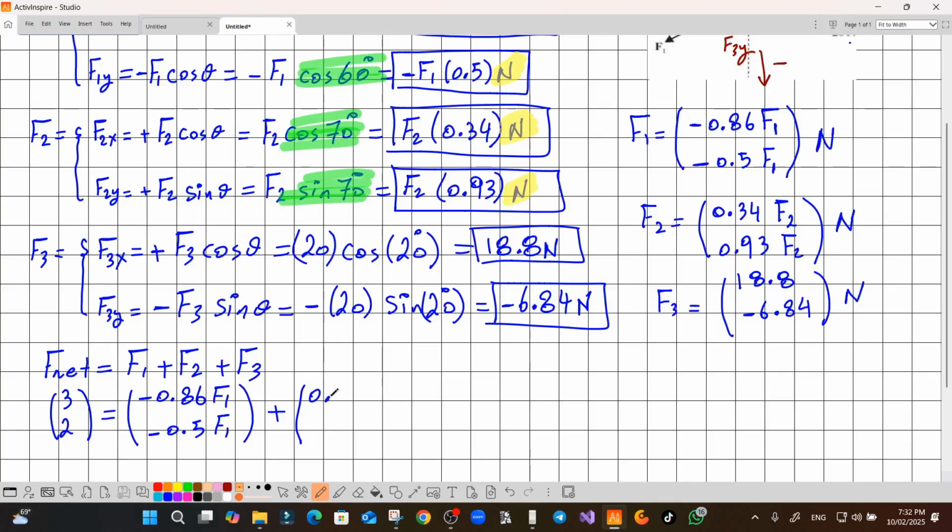For the F2, 0.34 F2, 0.93 F2, and finally 18.8, minus 6.84. This is the third force.